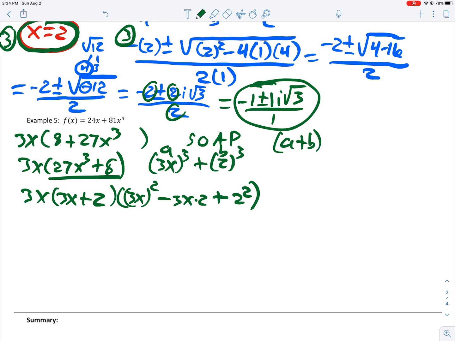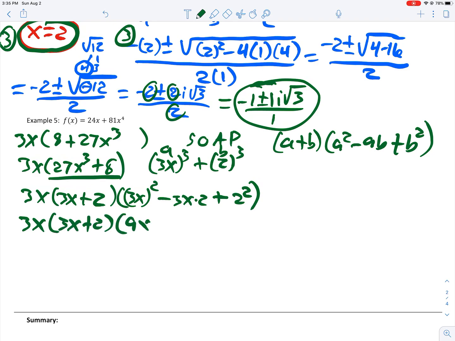This would be 2 squared. Because again, remember it's A plus B, A squared, AB, B squared. Now just clean that up. Set equal to 0. So this would be 9x squared minus 6x plus 4.